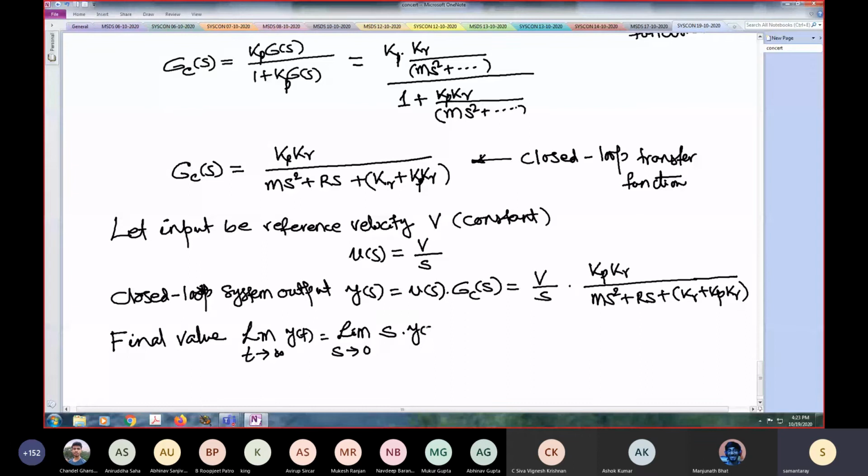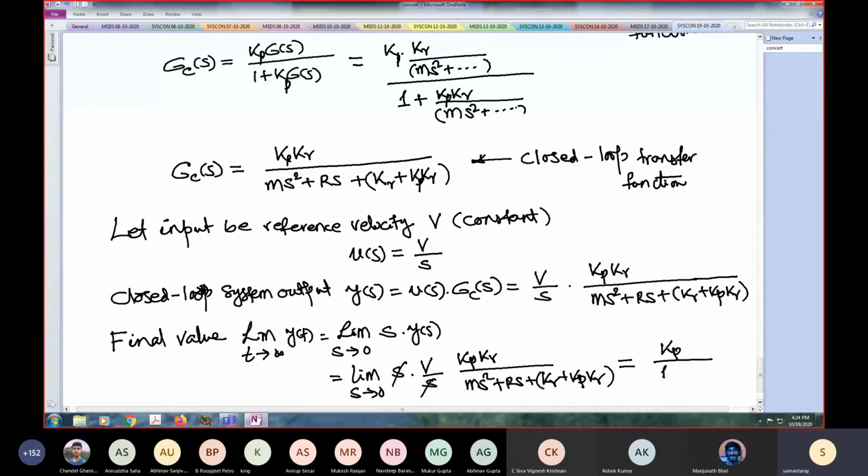So what we get: limit s tending to 0, s V by s, that will cancel out, Kp Kr by ms square plus Rs plus Kr plus Kp Kr, and this turns out to be Kr will cancel out, Kp by 1 plus Kp. This will be the final value.